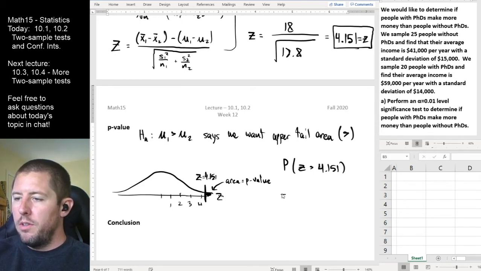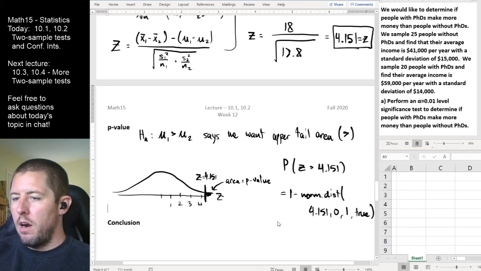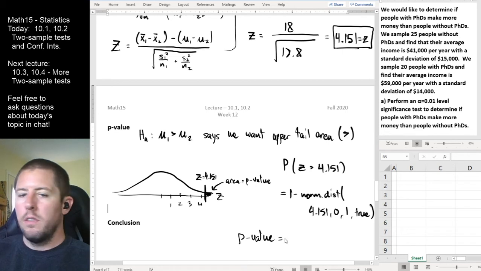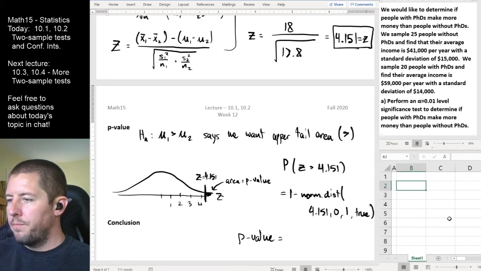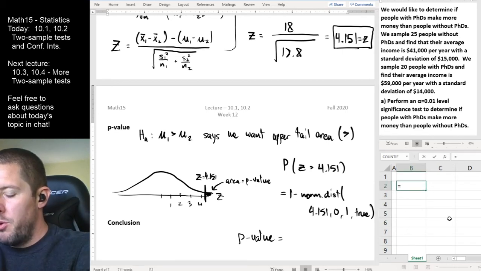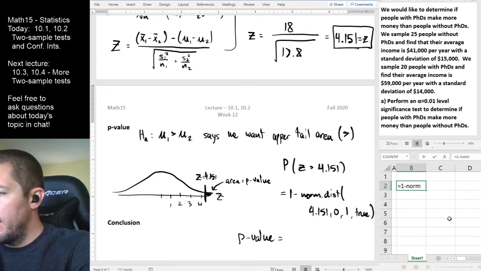I'm going to do this as 1 minus norm.dist, giving it 4.151, 0 for the mean, 1 for the standard deviation, true for the cumulative, and this should be giving me our overall p-value here. So let's go to Excel and do exactly that. I'm going to do my equals. I'm doing 1 minus because we're interested in the upper tail, not a lower tail. Norm.dist.